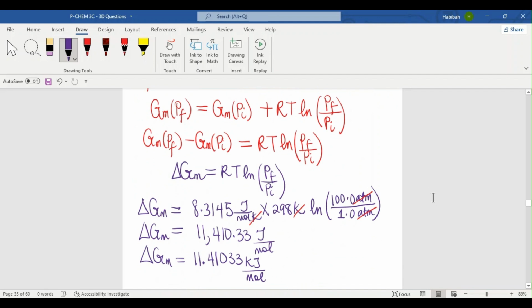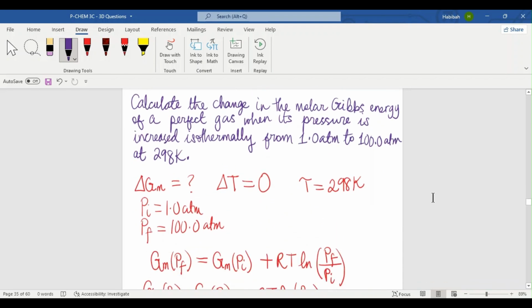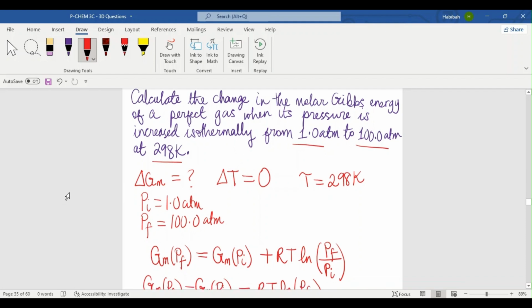One thing to keep in mind whenever you're dealing with a chemistry question is to look at the significant figures given in the initial question, since this involves multiplication. We've got two significant figures for 1.0 atmosphere, four significant figures for 100.0 atmosphere, and three sig figs for the temperature.